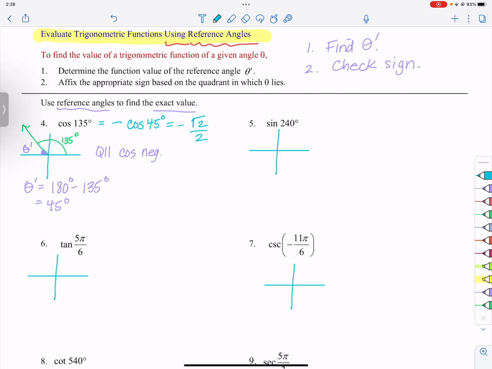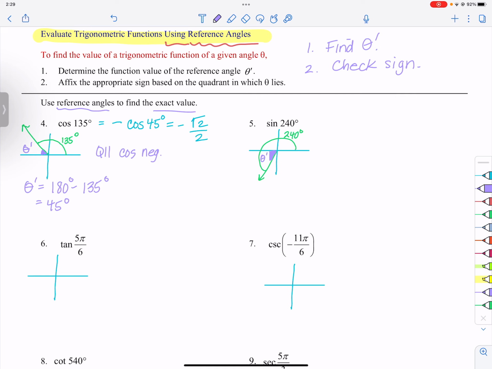Okay, let's take a look at number 5, the sine of 240 degrees, and 240 degrees is past 180, about right here, and this is 240 degrees. This is our reference angle right here, theta prime.